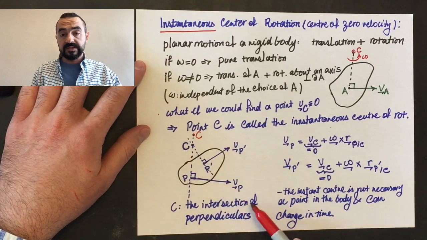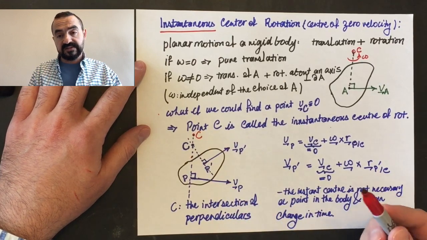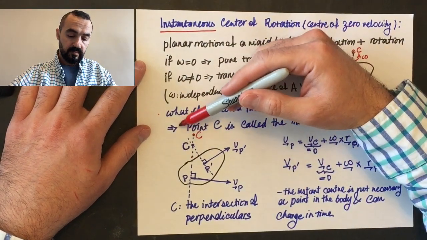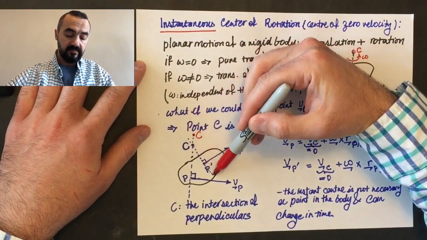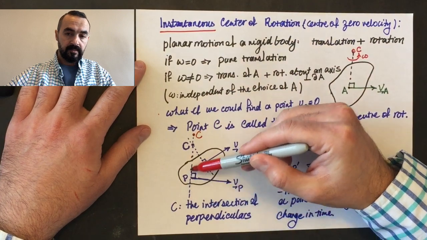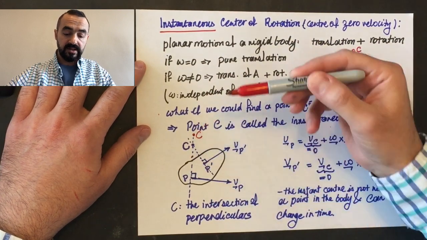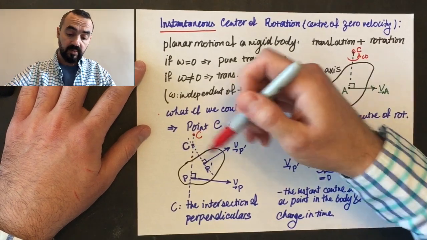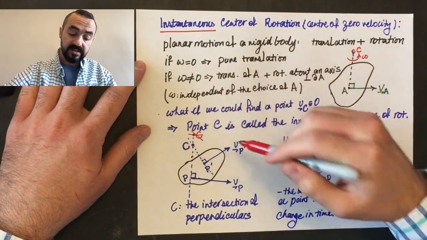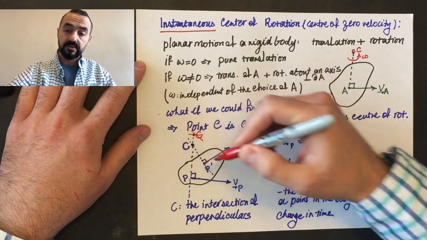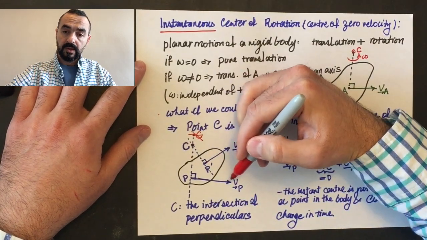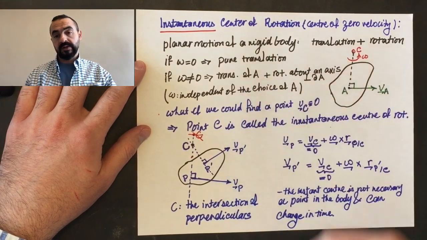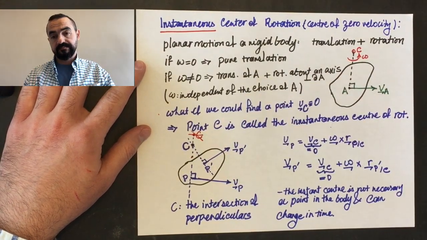We know that C, the instantaneous center of velocity, is somewhere on this line and also somewhere on this line. So it has to be at the intersection of the two lines. It cannot be this point, but it has to be at the intersection of these two lines. In this way, you can find the instantaneous center of velocity.